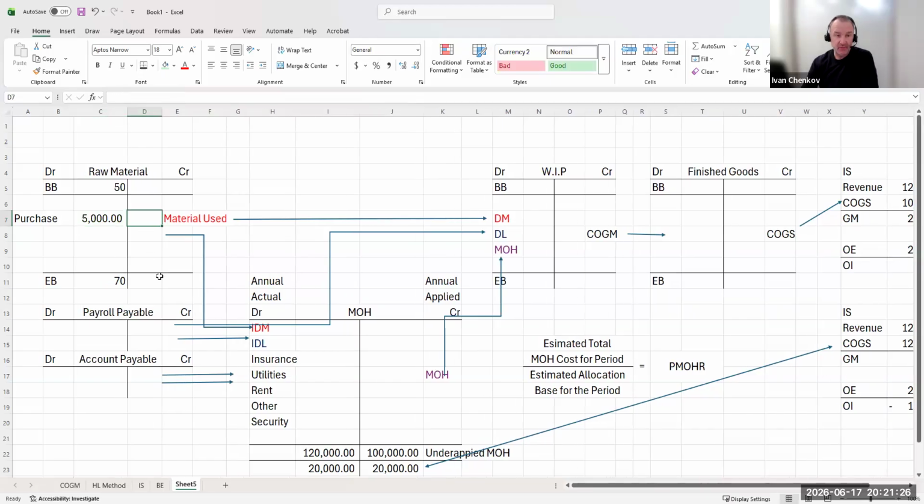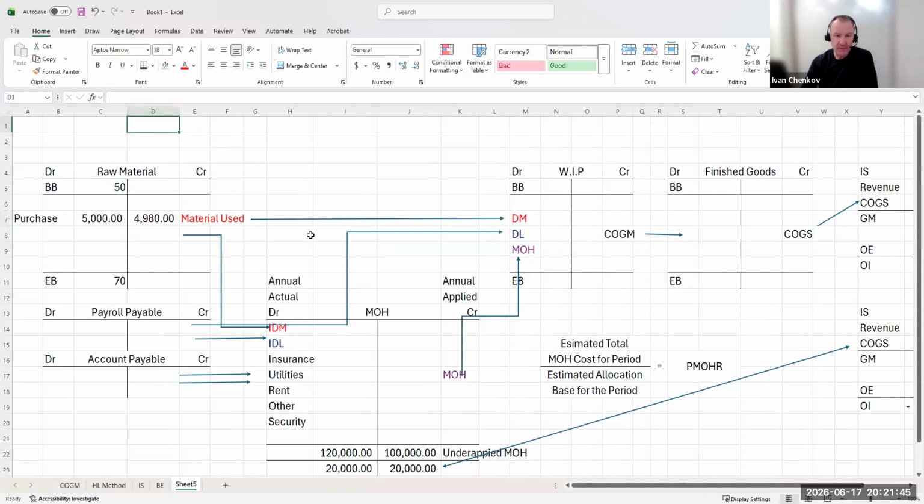Now, some of the information will be missing. For example, the direct material used is going to be 50 plus 5,000 minus 70. It's going to be a number. Let's say direct material is 4,000 and the indirect material is 908.